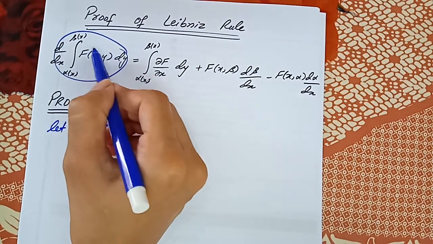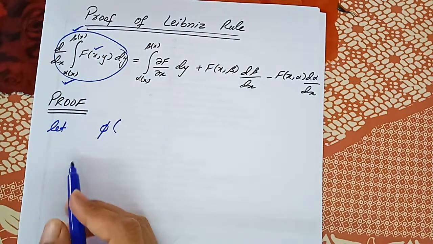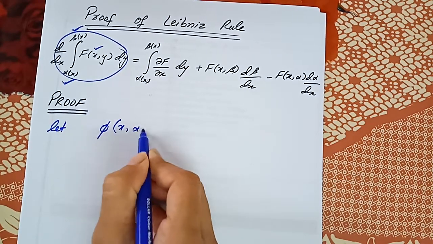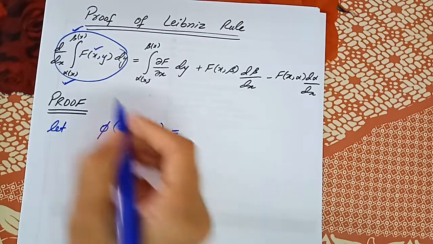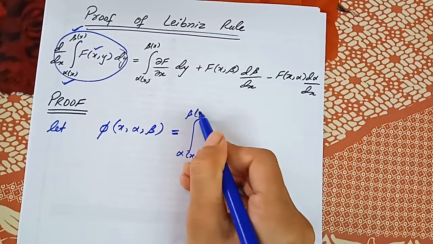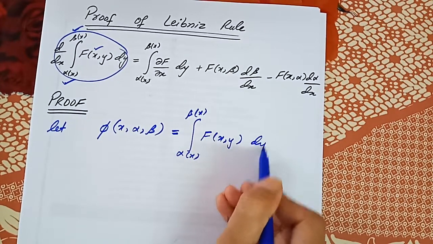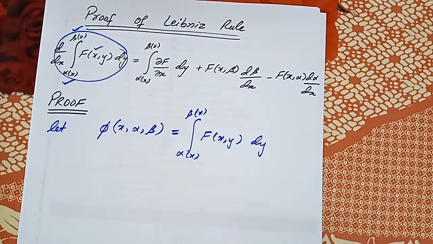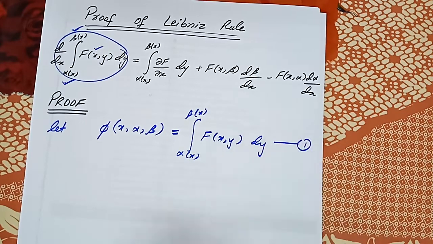We have here the x variable, beta, and alpha. So let's take phi as a function of x, alpha, beta, equal to this integral from alpha of x to beta of x of capital F of x, y dy. I just took this integral equal to some other function. Mark it as equation number 1.